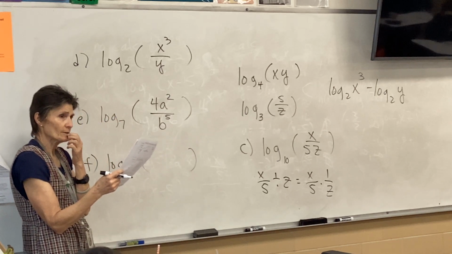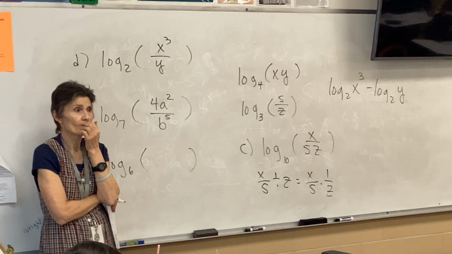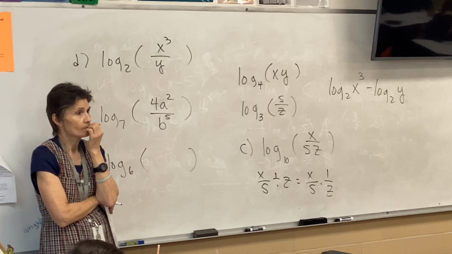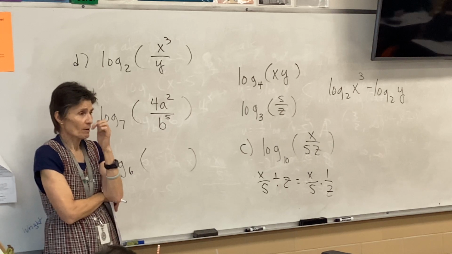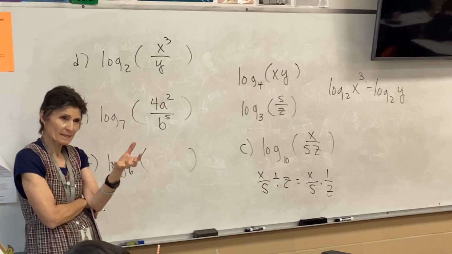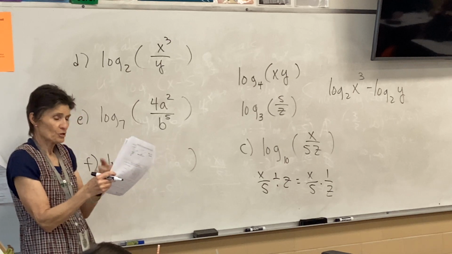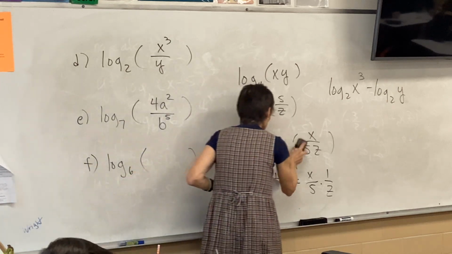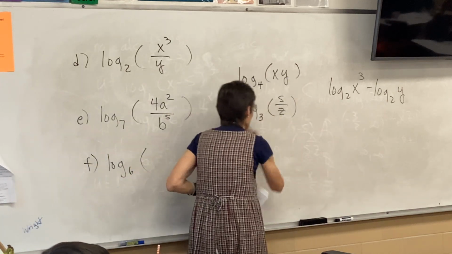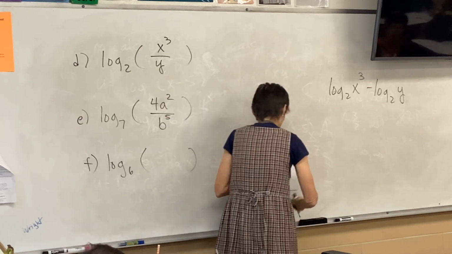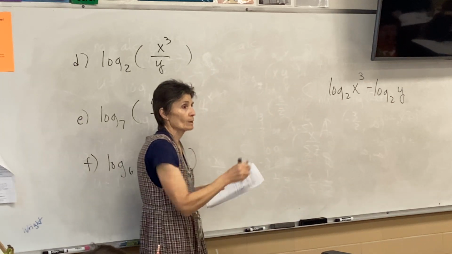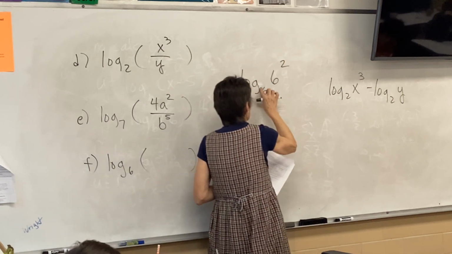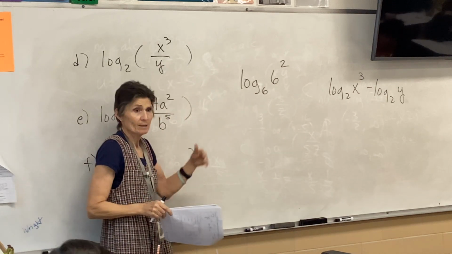What in the world did you do with F? Well, there's a plus there, so I really want to multiply something, but the 2 isn't a logarithm. I turn the 2 into a logarithm. There's log base 6 of 6 squared. We talked about this yesterday or Sunday. That's 2.